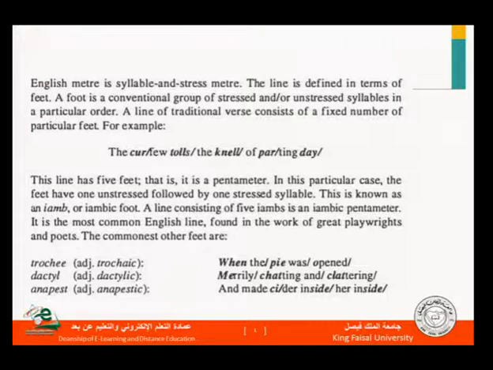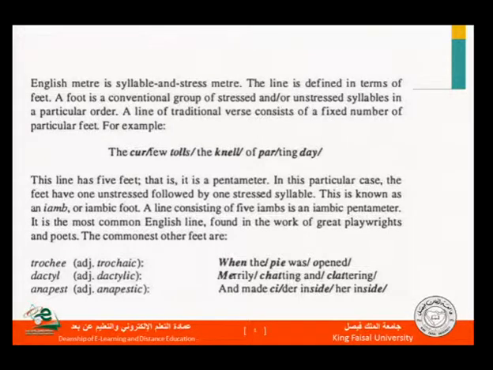So the English meter here in front of you, as you see, is syllable and stress meter. الوزن الشعري في الإنجليش، البحور الشعرية في الإنجليش، وزن الشعري هو معتمد على syllable and stress، يعني على التشديد وعدم التشديد.